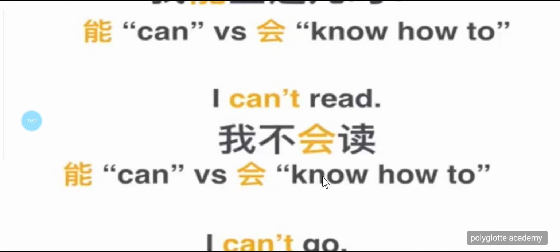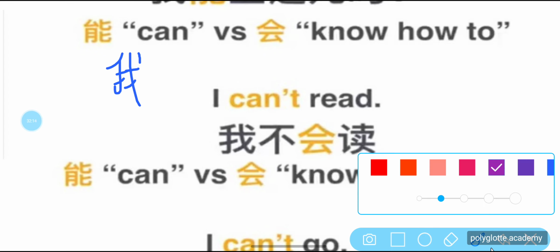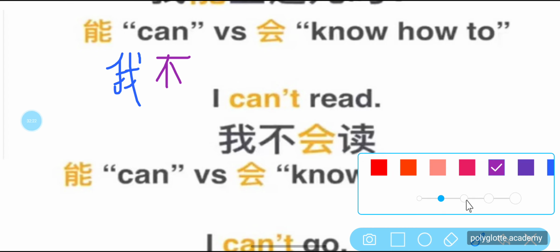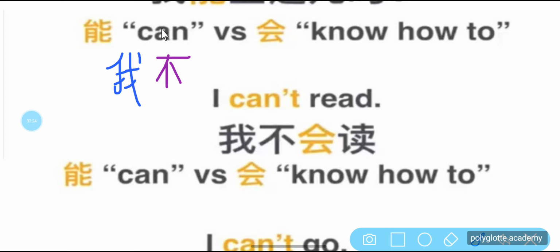So we can fully write the sentence in Chinese. We write 我 and 不. We can use a different color for this so we can easily understand it. The next character is hui, which is to know how to.